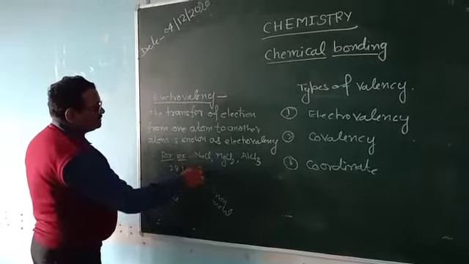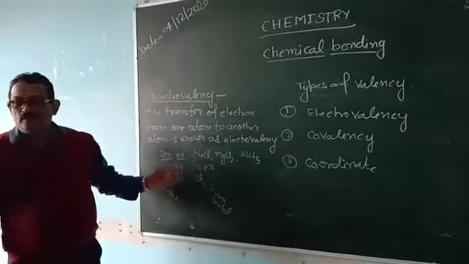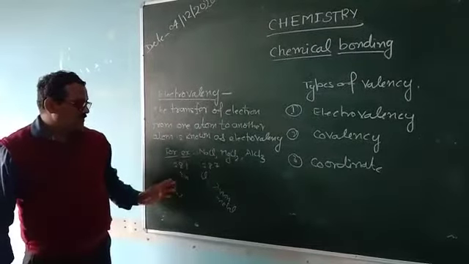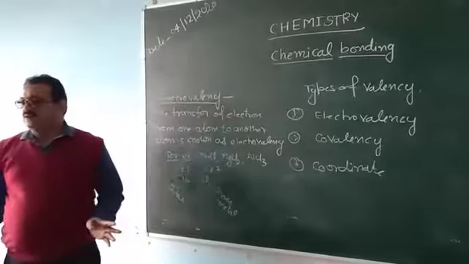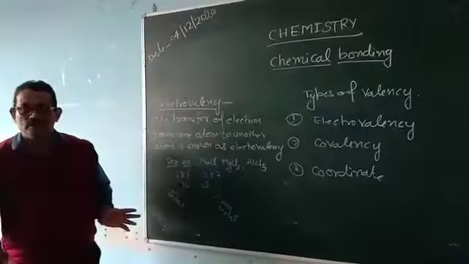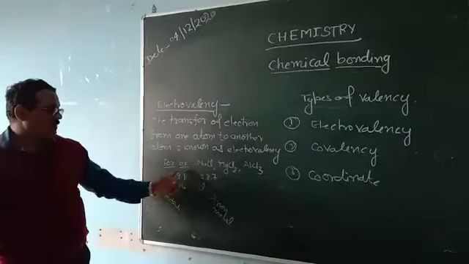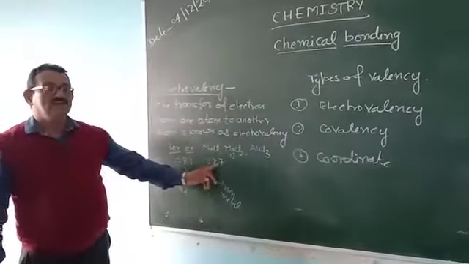chlorine has the configuration 2, 8, 7. Basically, when two atoms combine with each other, it is to complete their octet. When sodium donates its one electron, and chlorine has 7 electrons in its outer shell, chlorine takes one electron to complete 8 electrons in the outer shell.